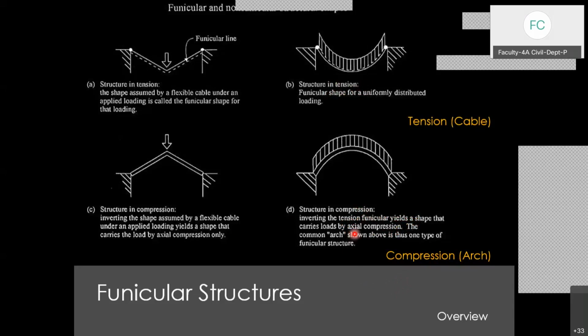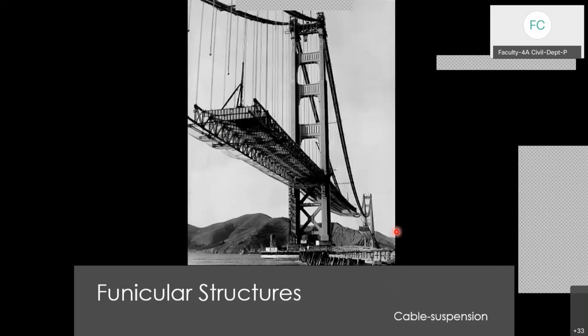So this is the common arc shown here. Cable suspension, as you are going to study as well. Such a cable suspension bridge is already in Nagpur, as one of you pointed out yesterday. So you'll have cable suspension bridges and how that particular thing will have the effect of analysis.